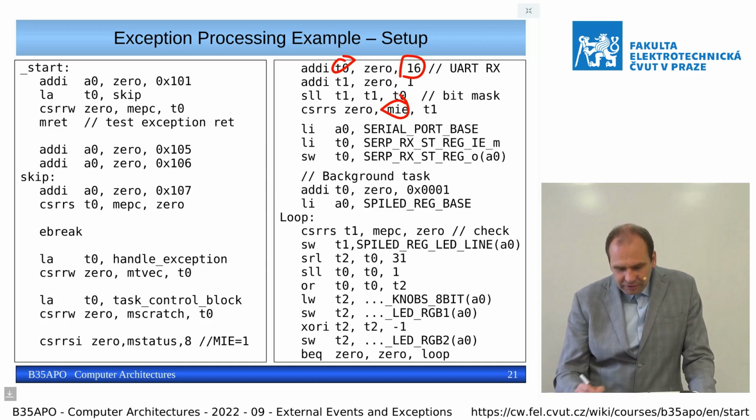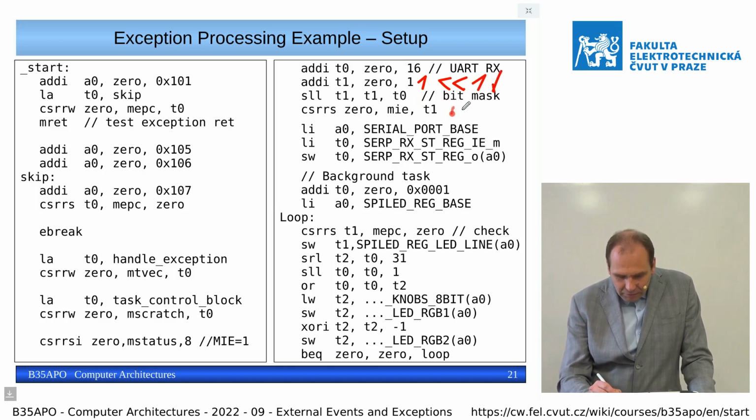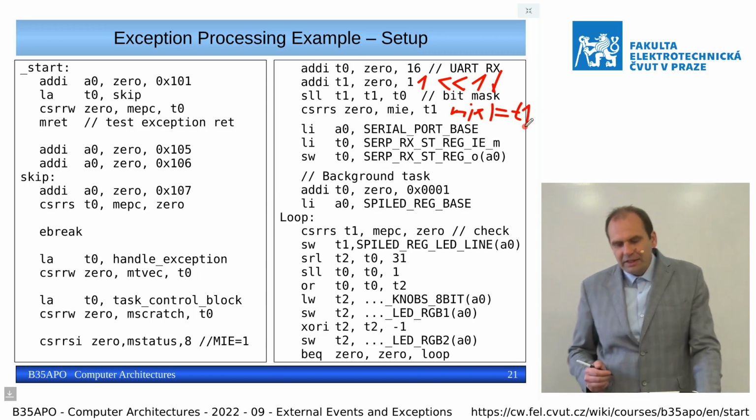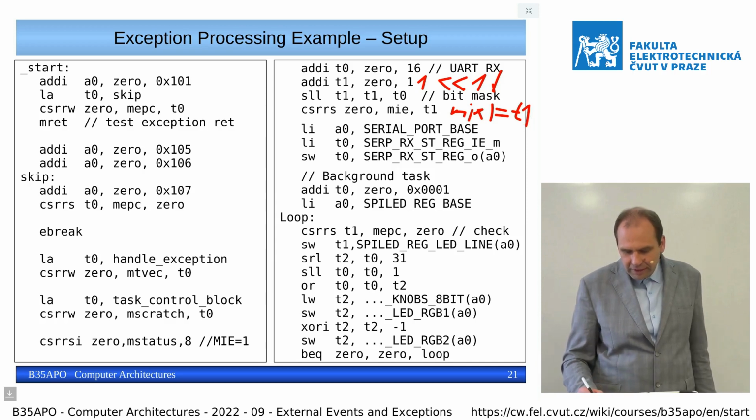So in fact, we take 1, shift it to the left by 16, and then do MIE or this T1.